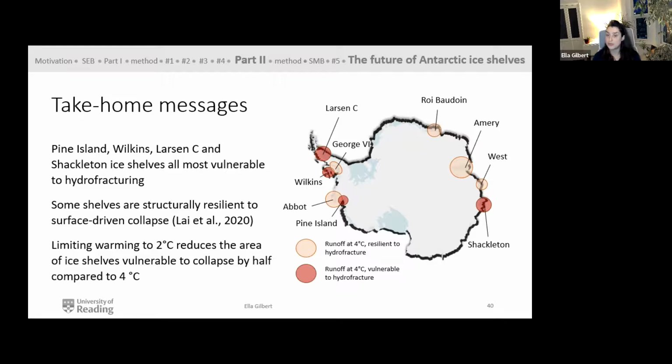And we found that these 4 ice shelves, the Pine Island, Wilkins, Larsen C, and Shackleton ice shelves, are the most vulnerable to hydrofracturing. Some of them are, as I said, structurally resilient to these kinds of collapses. And overall, if we limit warming to 2 degrees, the area of ice shelves that are vulnerable to hydrofracturing-induced collapse is halved relative to 4 degrees.